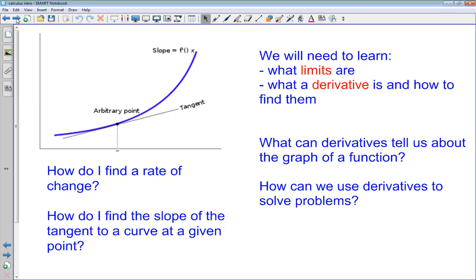And derivatives are going to be the mathematical tool that helps us find these slopes of tangents that we're looking for. And then we're going to broaden it and look at some applications. What can these derivatives that we found tell us about the graph of a function? How can we use derivatives to solve a bunch of different problems that come up frequently in mathematics? Okay? So that's differential calculus, and that's where we're going to be going over the next few months.